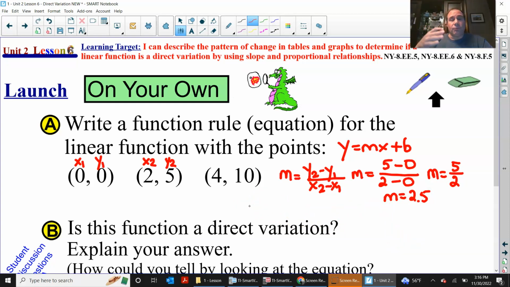And remember, the y-intercept is where it crosses the y-axis. So whenever x is 0, the other number is the y-intercept.